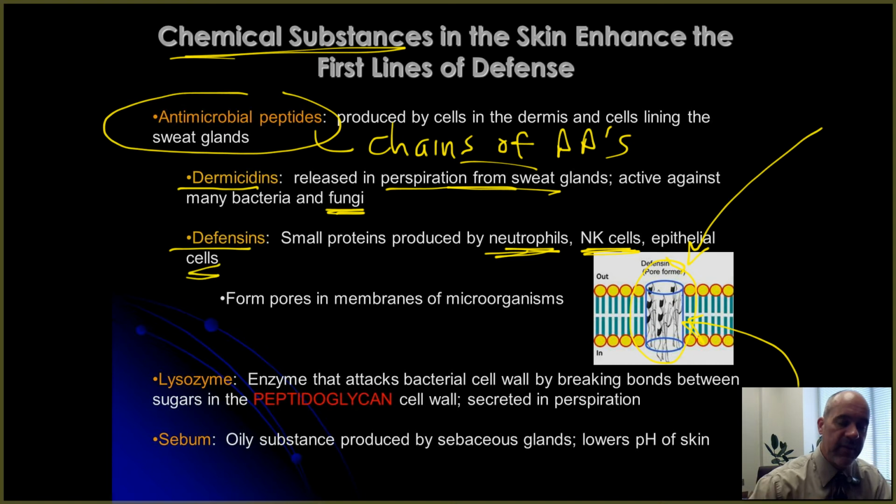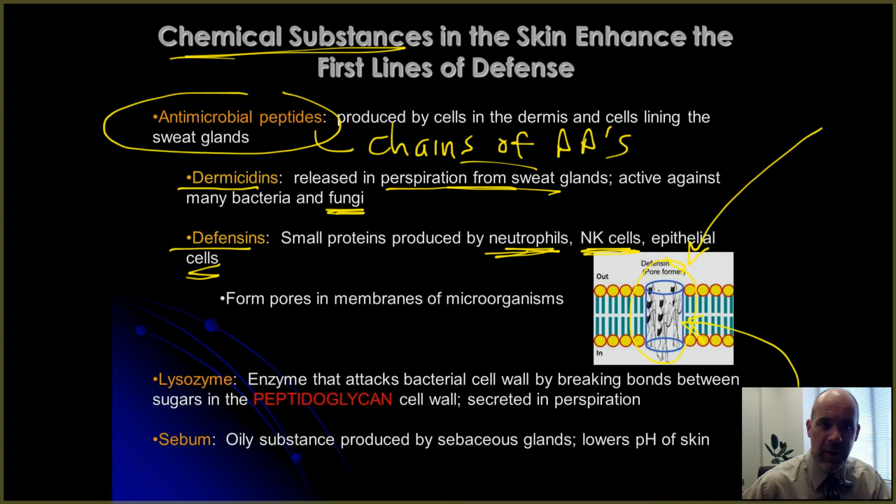And then various epithelial cells around the body, which you find in places like the skin and your mucous membrane linings, can make these as well. So dermacidins and defensins are pore-forming proteins that can attach to many types of bacteria, some types of fungi, and if they do, they're probably going to kill those microbes.